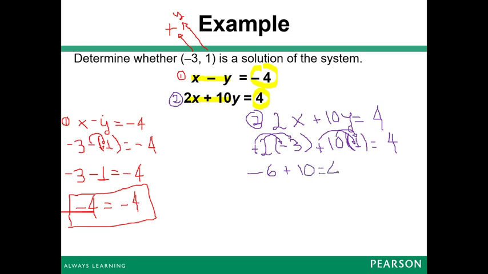Equal 4. It's not a chair, it's a 4. Minus 6 plus 10 is 4. Equal 4. Excellent.